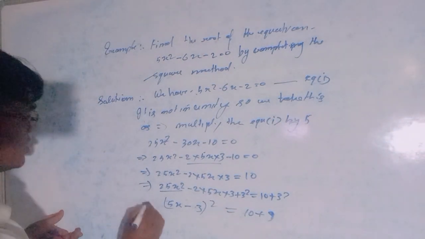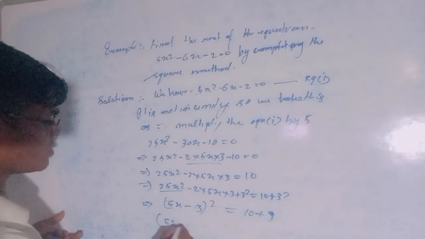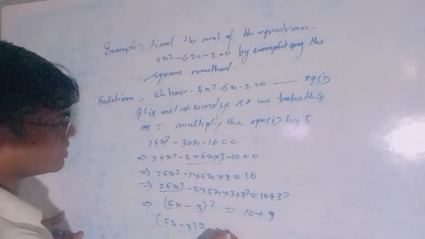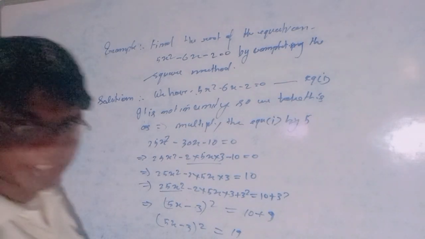So we can write further that 5x minus 3 whole square is equal to 19. Got it?